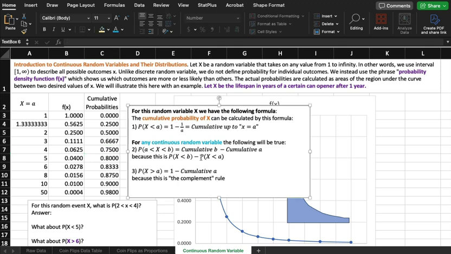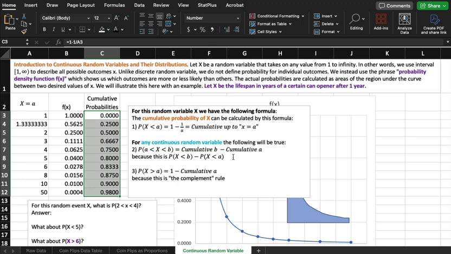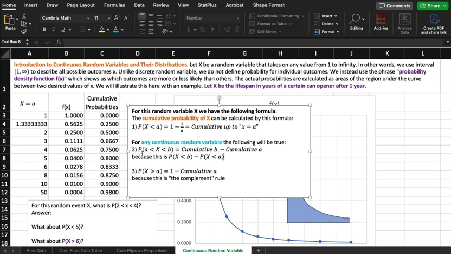Over here in the box, there are two more things that we need to make note of. For any continuous random variable, the following will be true. Every time we're calculating a probability, we're going to be using these numbers that you see here in column C. It's just a question of how we're going to be using those numbers. When you want the probability of x between two numbers, that's this double inequality here: the probability of a number a less than x less than a number b.